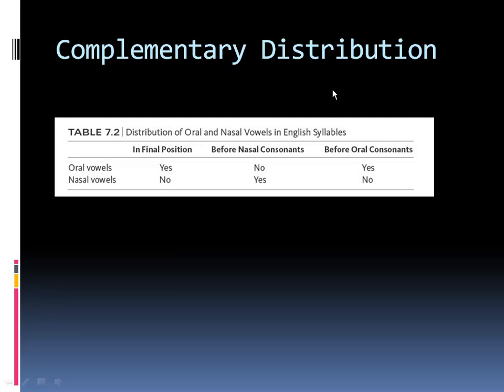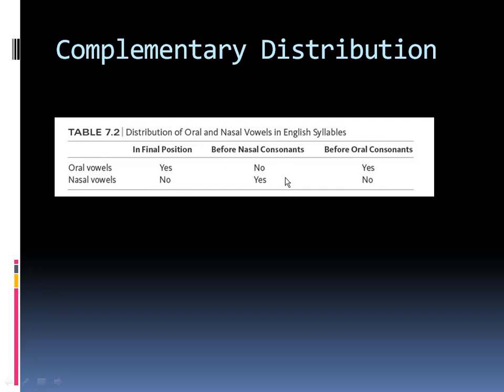Another concept that you need to understand is complementary distribution. Let's go back to the oral and nasal vowels in English. In the final position, the vowels, as in bay, pinch your nose, bay. There's nothing going through the nasal cavity, so that's an oral vowel.